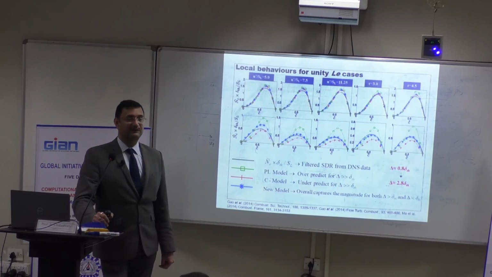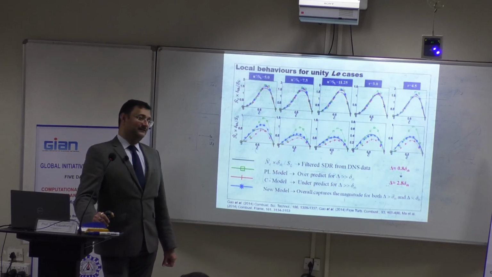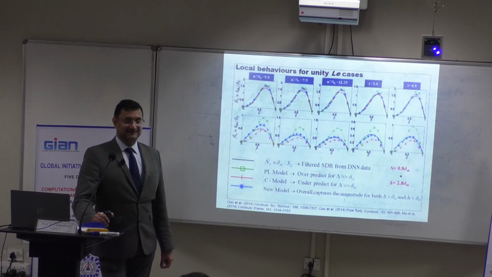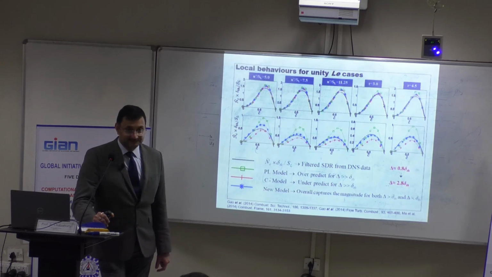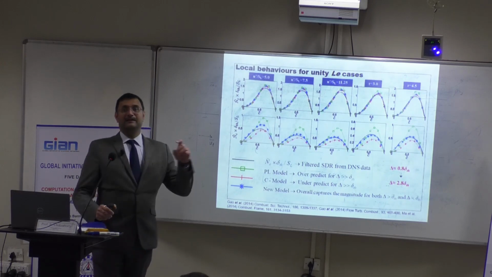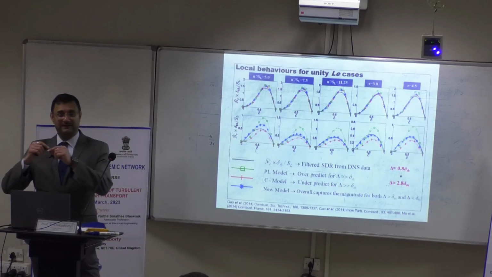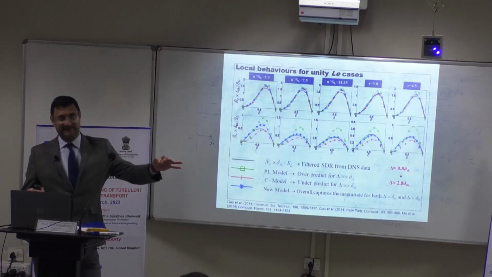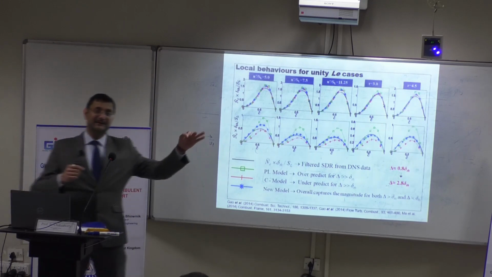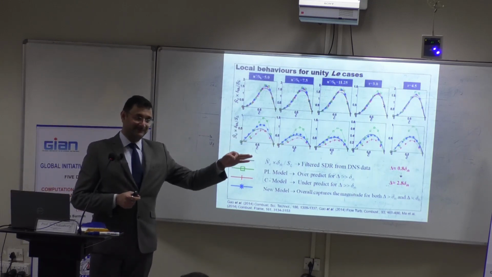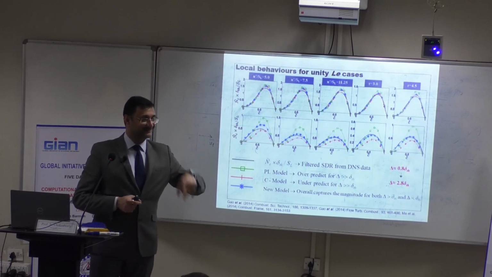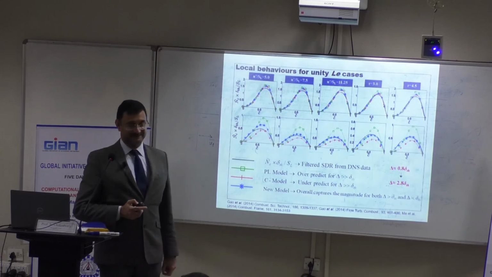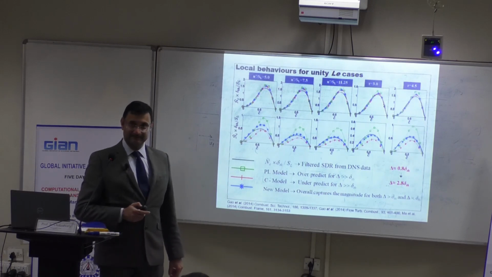So one power law exponent is not sufficient to represent the scalar dissipation rate. Okay? If you capture the local behavior, the volume average behavior gets messed up. If you capture the volume average behavior with a single exponent, the local behavior gets messed up.